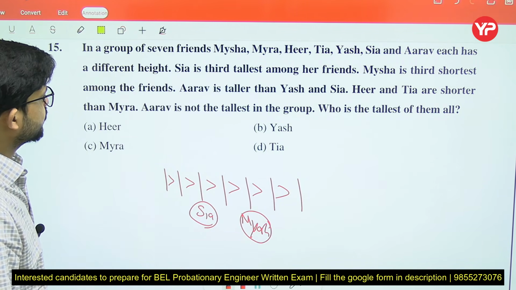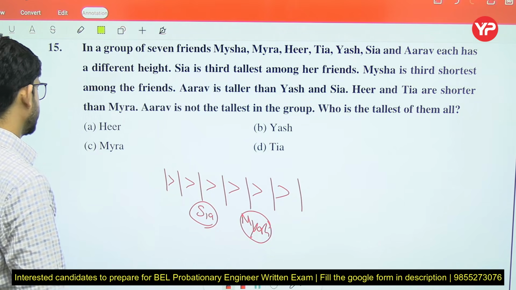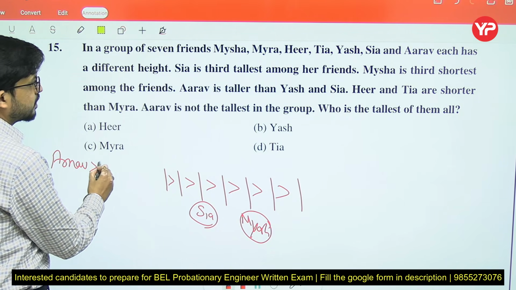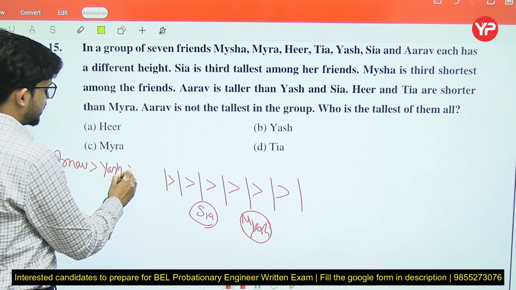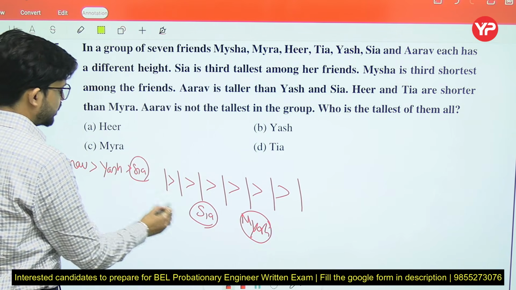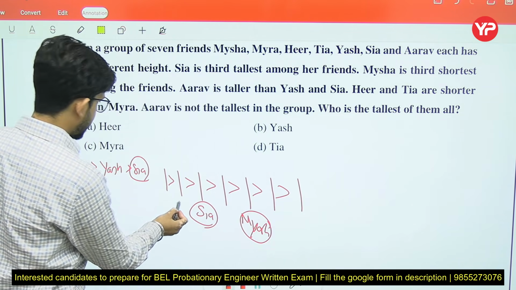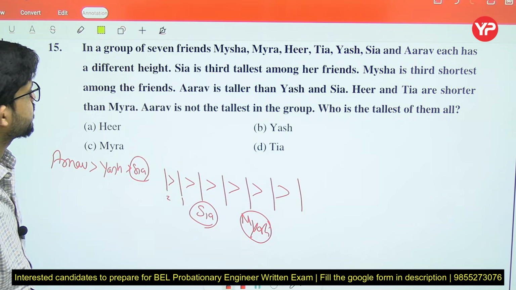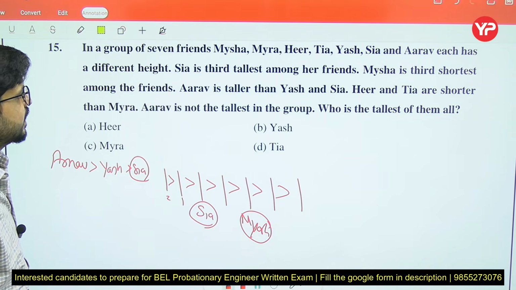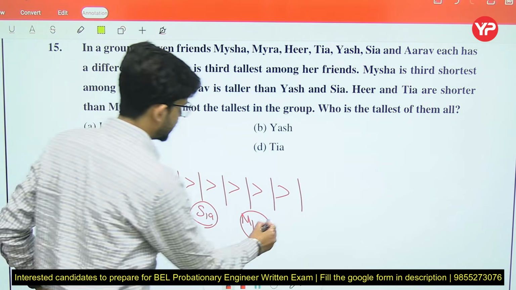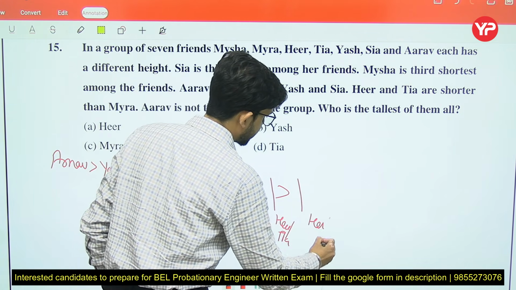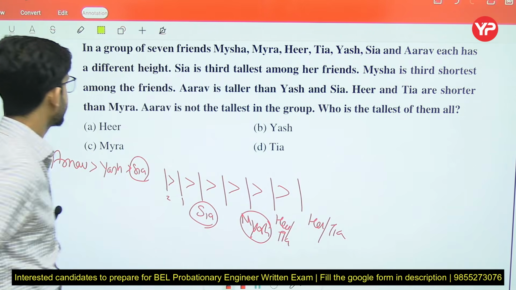Next, Arnav is taller than Yash and Sia. We know that Sia is here, so Arnav may be here or here. But let's see further. Heer and Tia are shorter than Myra, so Heer or Tia may be here.